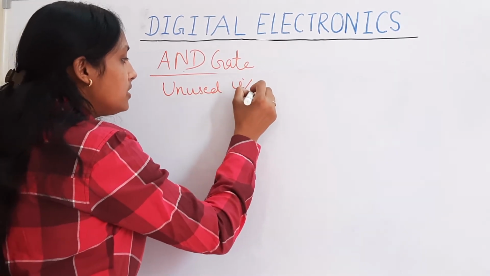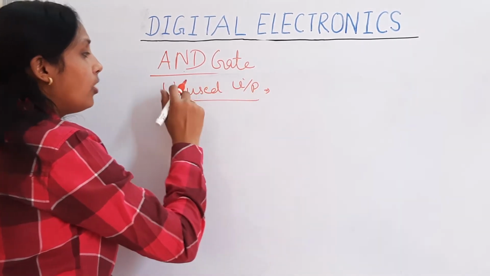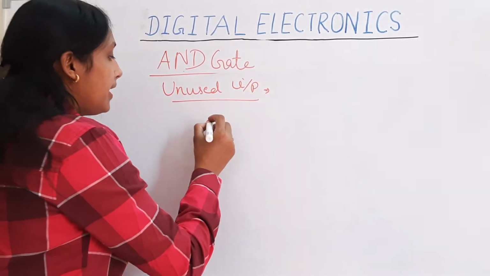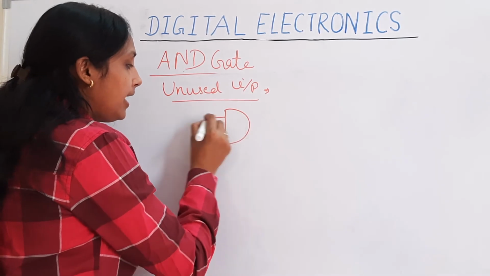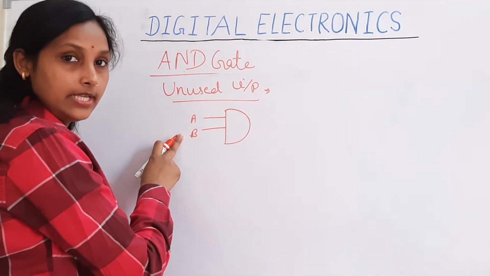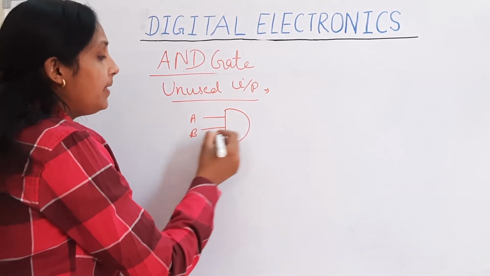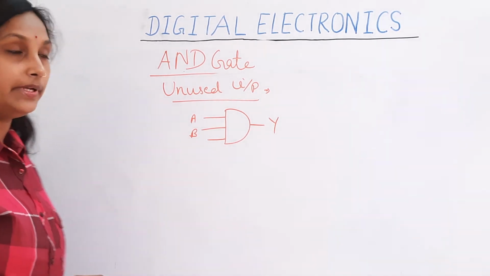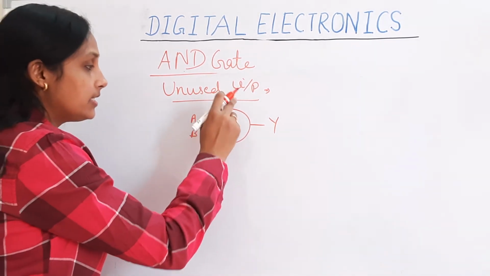What is an unused input? Suppose we have a 3-input AND gate, where A is the first input, B is the second input, and the third pin you don't want to use. That is called an unused pin.